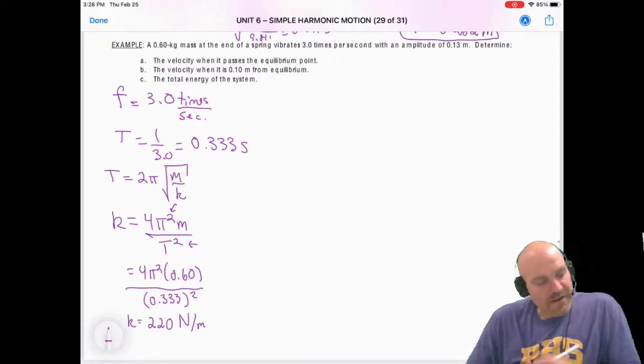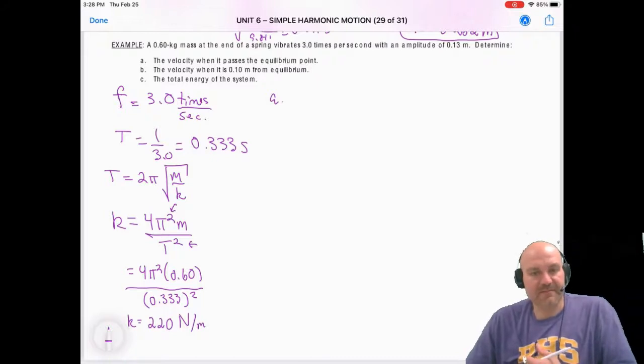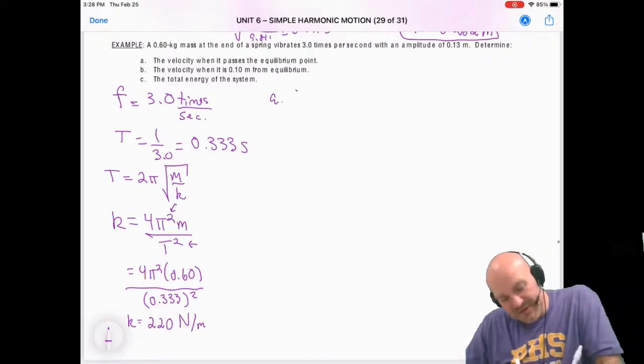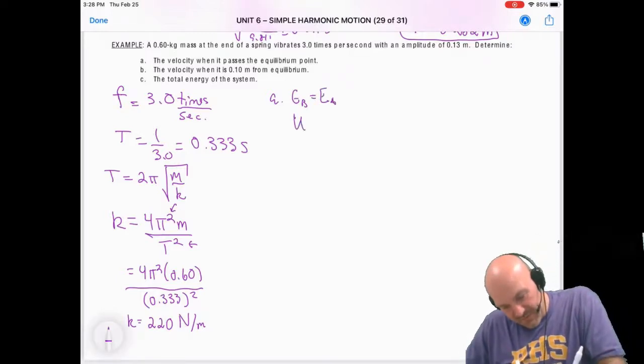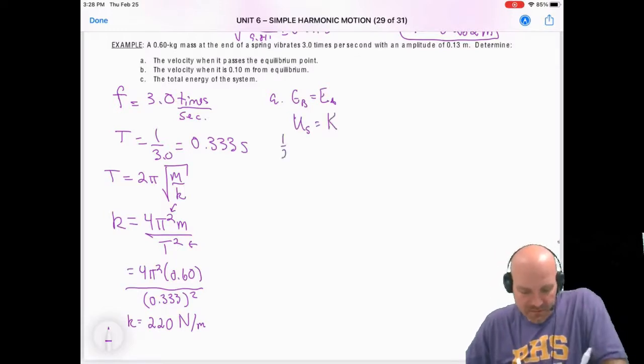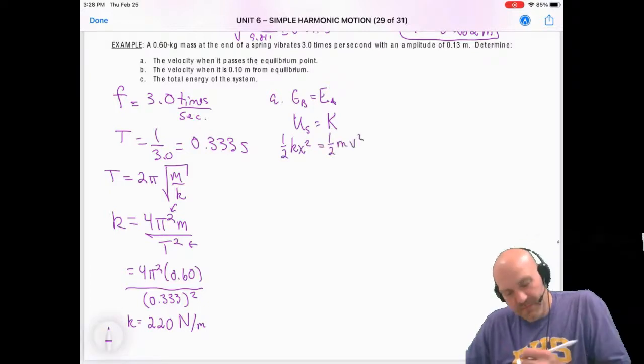Okay. Now it's going to allow us to find part A, which is what is the velocity as it passes equilibrium. And so if we do energy before equals energy after, before it's only potential, so it's elastic, and after it's kinetic. So we'll do 1/2 kx² equals 1/2 mv², and we solve this for v.